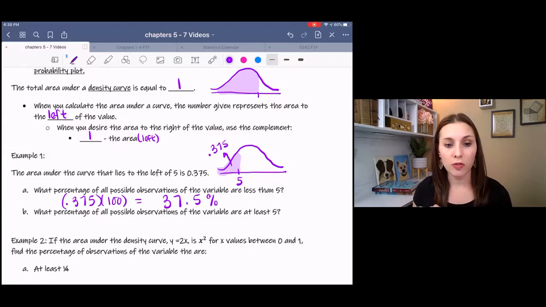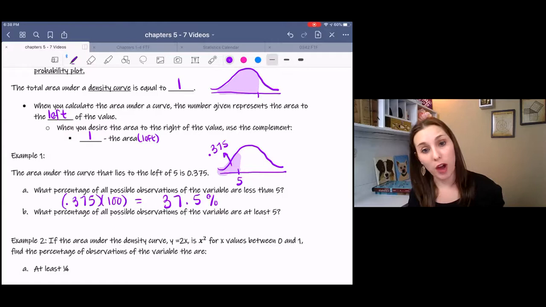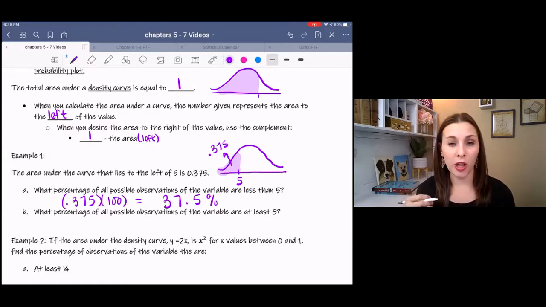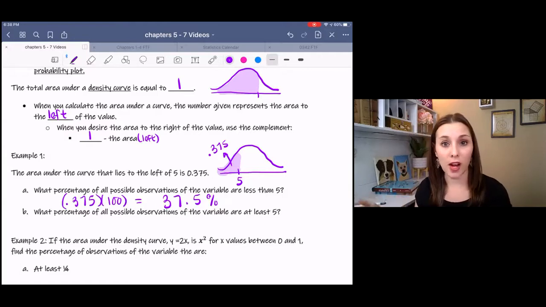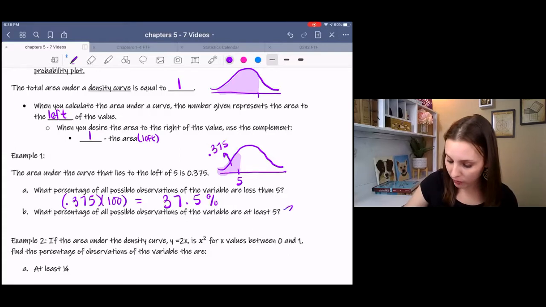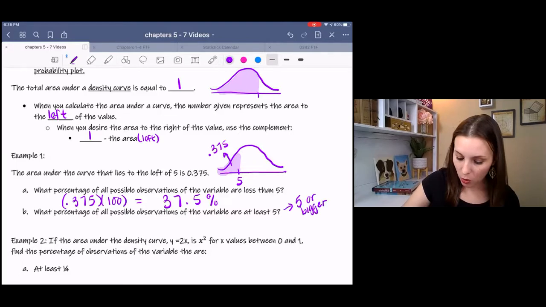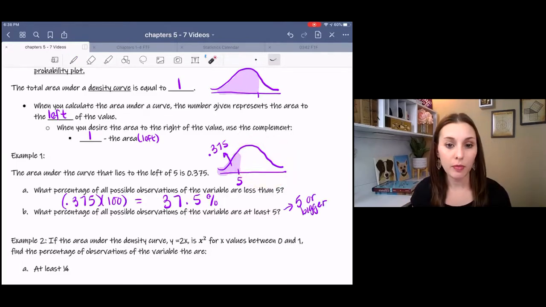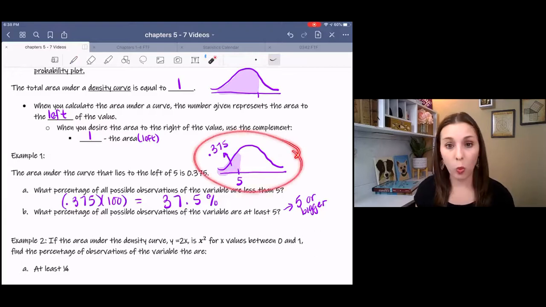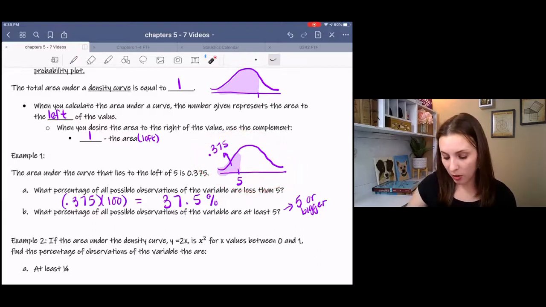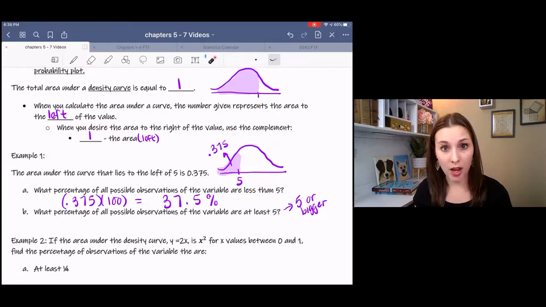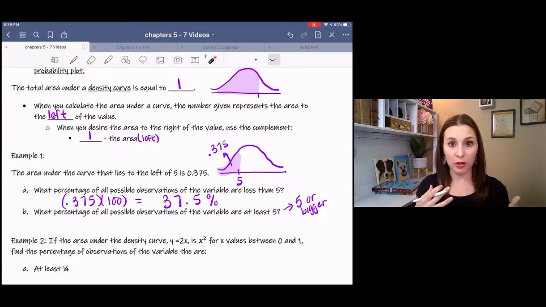And then what percentage of all possible observations of the variable are at least 5? So think about the wording of at least. At least 5 means it can be 5 or bigger, which means that we're talking about this area. If I know that the whole thing is 1, and I know that this piece is 0.375, then how can I use those two values to find the missing piece?